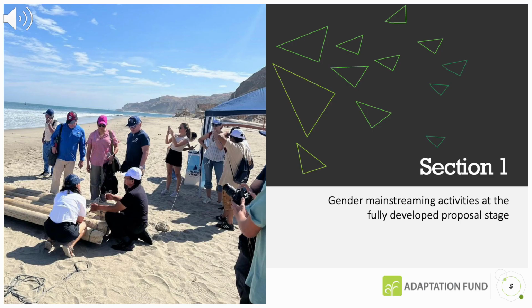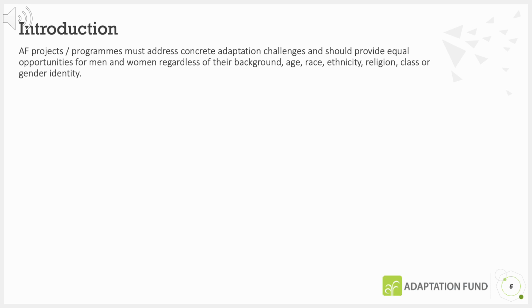Section 1. Gender mainstreaming activities at the fully developed proposal stage. Adaptation Fund projects and programs must address concrete adaptation challenges and should provide equal opportunities for men and women, regardless of their background, age, race, ethnicity, religion, class, or gender identity.